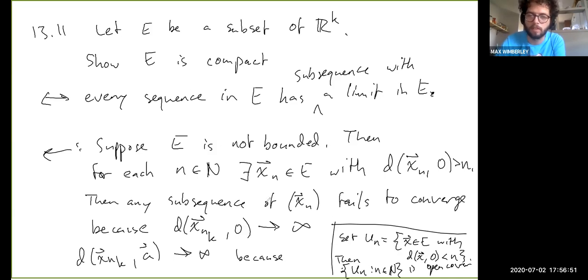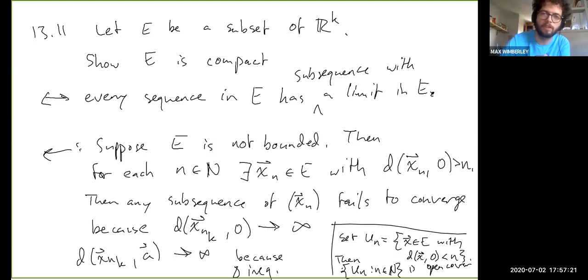We do still have to make this argument, because what we're trying to show is that there exists a sequence with no subsequence having a limit inside of E. This is kind of an aside, but there's some triangle inequality thing you can do here. I don't want to get bogged down in it right now. But this is what happens if E is not bounded.